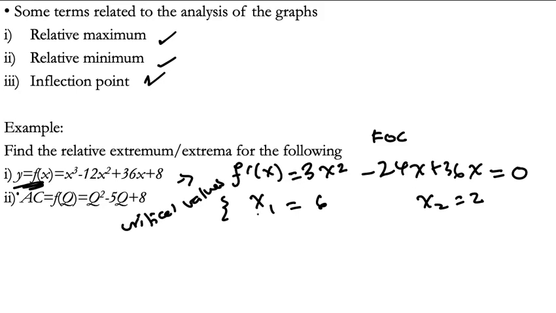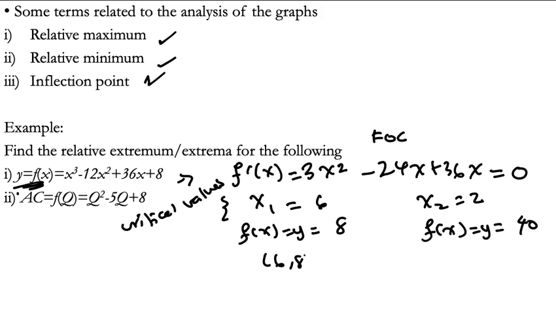Now at x1, you find f of x, or y, equals 8. At x2, you find y equals 40. So here the coordinate will be 6, 8. Here it's going to be 2, 40, isn't it?